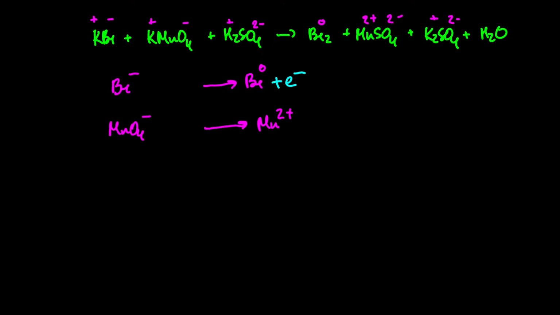For the second half reaction, we have MnO4- + 8H+ + 5 electrons → Mn2+ + 4H2O. We multiply half reactions by 5 and 1 and add both of them together.